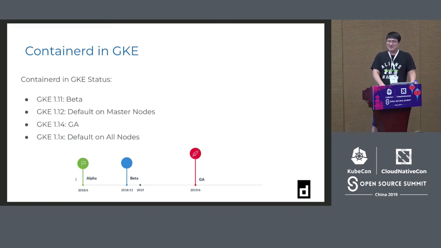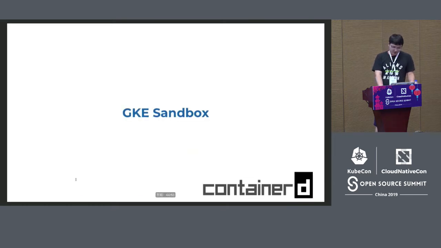Because I'm on vacation now, during my vacation they can reach GA. And probably at the end of this year or next year, we will use containerd for all the new nodes. Old nodes will stay on Docker.